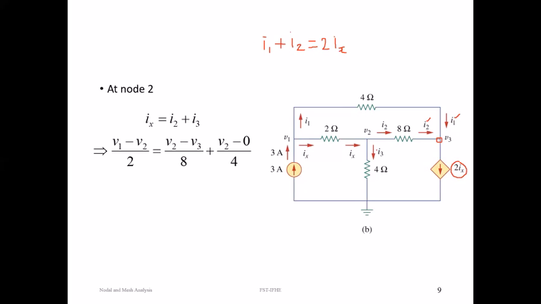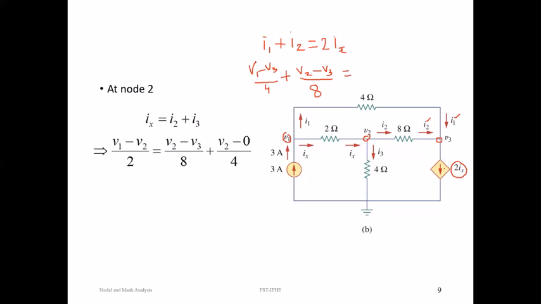I1 is the current flowing from V1 to V3. So I1 will be (V1 minus V3) divided by 4 ohms. What is I2? I2 is the current flowing from V2 to V3. So (V2 minus V3) divided by 8 ohms, which is equal to the current source.